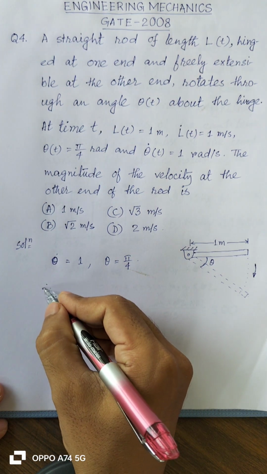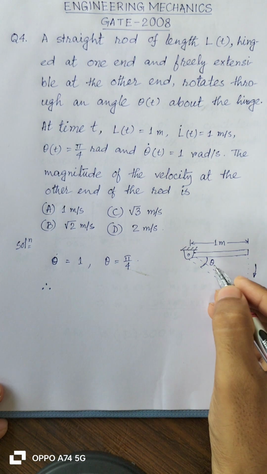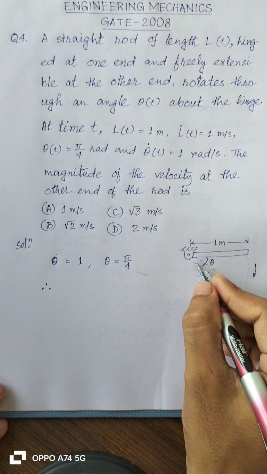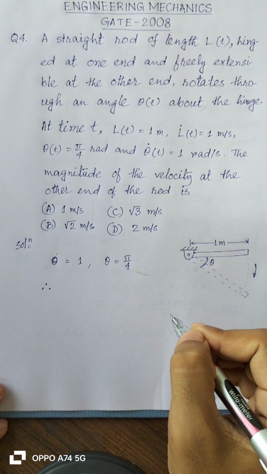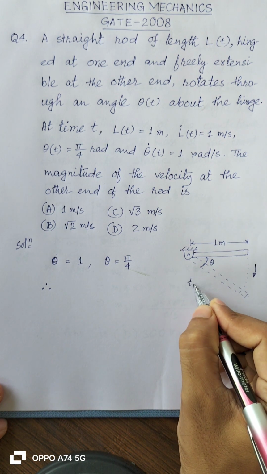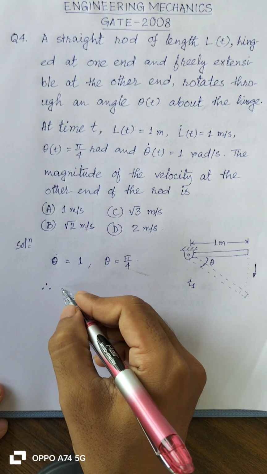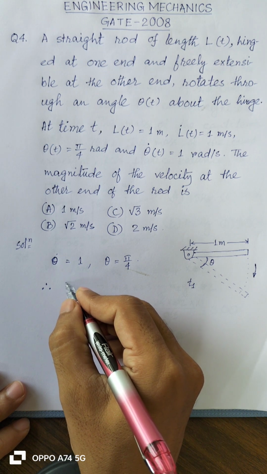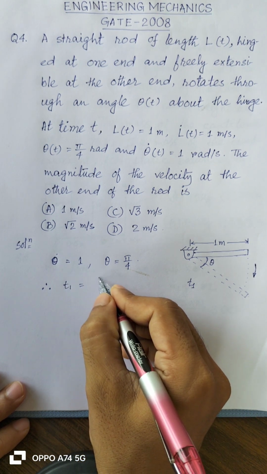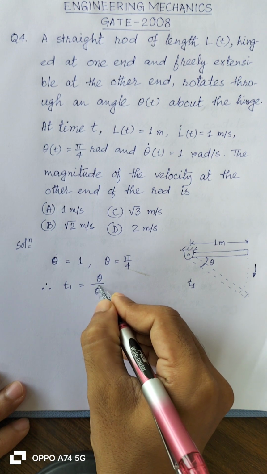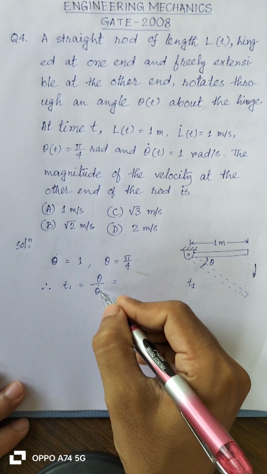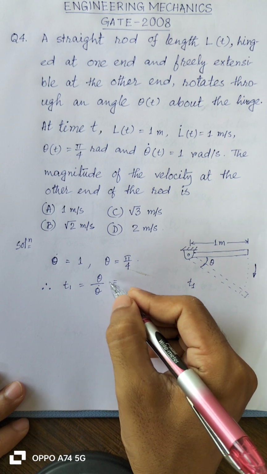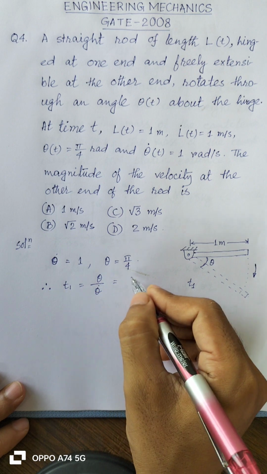And clearly we can find out, if time taken to displace the rod from this initial position to theta equal to pi by 4 is, let this be t1, then what will be the value of t1? t1 is equal to theta by theta dot, because this is d theta/dt, that means theta by t, that is equal to t, time.